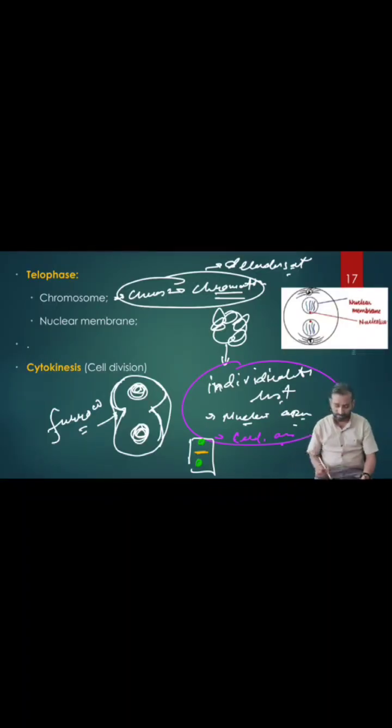Like this, so that they undergo cytokinesis, and finally they form two daughter cells which are identical to each other, which have the same genetic material as the maternal cell or the mother cell. That is called what? Diploid. Diploid means two sets of chromosomes are present. That means one paternal set and one maternal set of chromosomes are present.